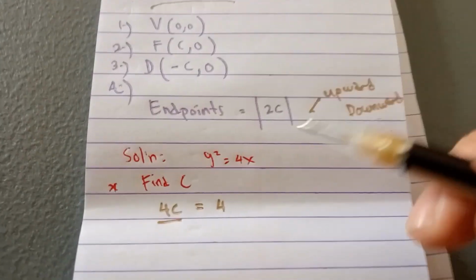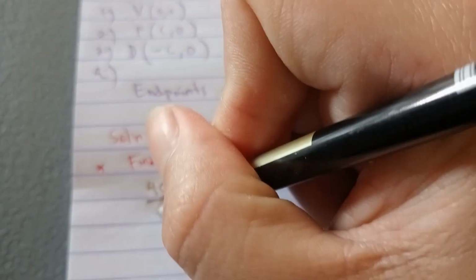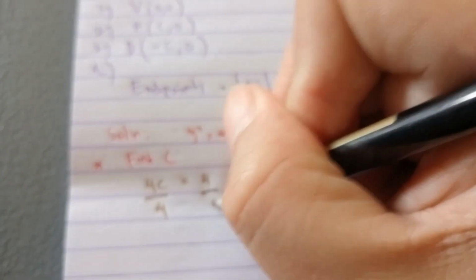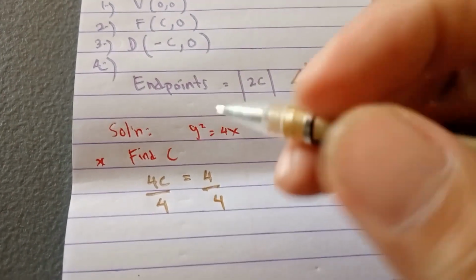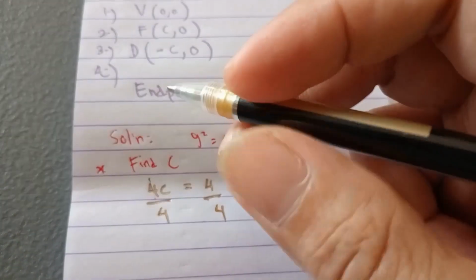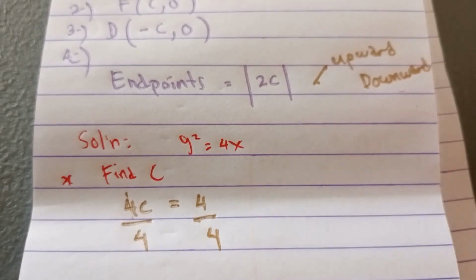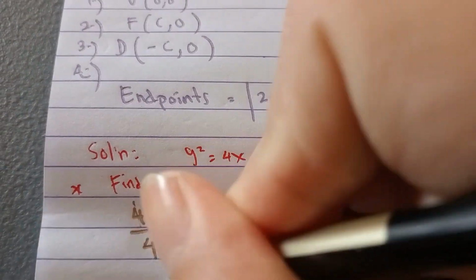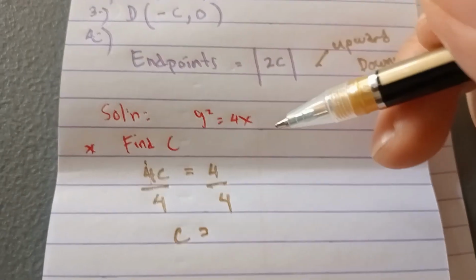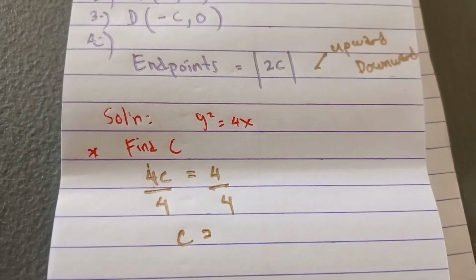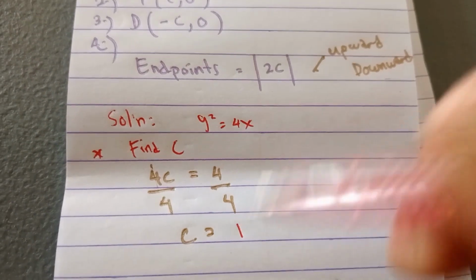So, we need to divide both sides by 4 in order to balance the equation. 4 divided by 4, we have 1, or cancel it out. Then, we obtain the value of c. c equals 4 divided by 4, so we have 1. c equals 1. So, that's our value of c.